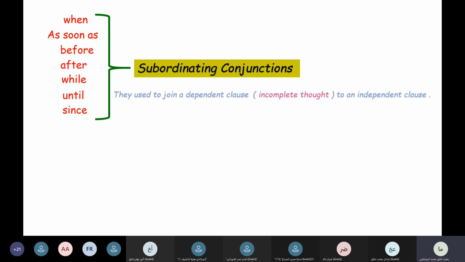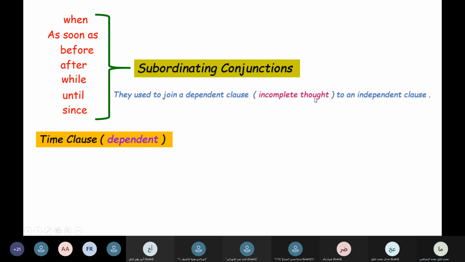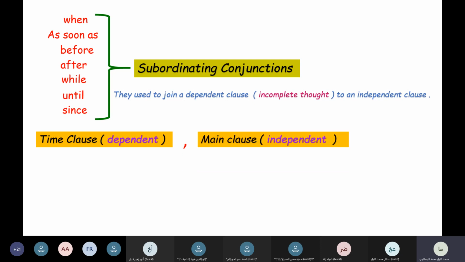They are used to join a dependent clause to an independent clause. As we said before, a dependent clause is an incomplete thought, it has incomplete meaning. Time clause, which we call dependent, then a comma, then the main clause, independent.